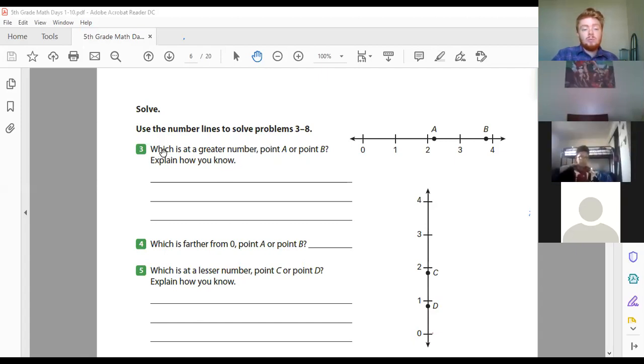Use the number line to solve 3 through 8. Which is at a greater number, A or B? Explain how you know. So question 3, which point is at a greater number?